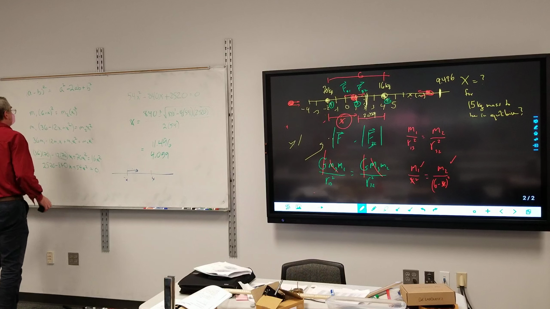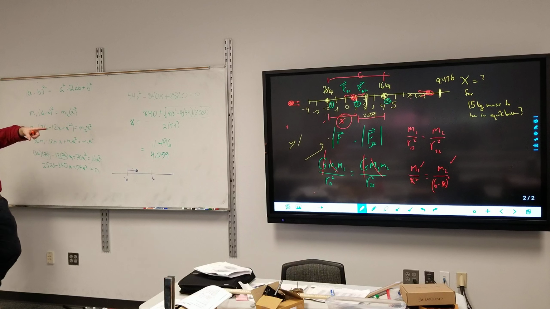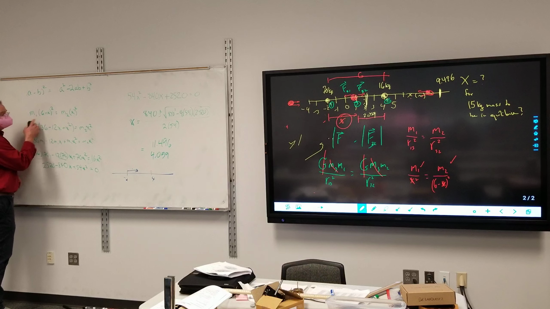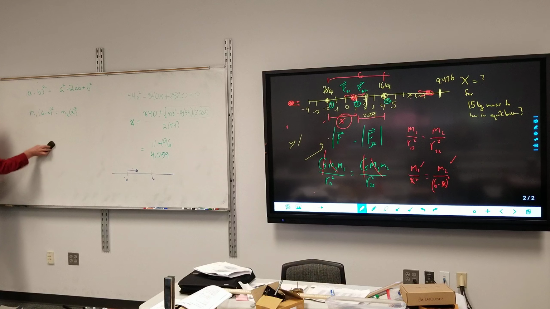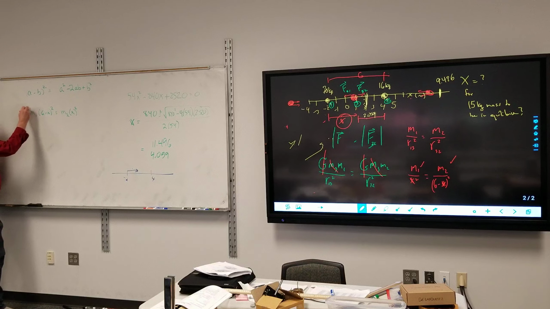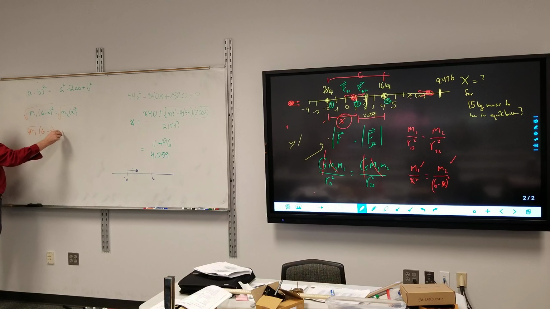Mathematically, at this point, or the previous point, instead of squaring the binomial, I could just take the square root of both sides. And I get the square root of m1 times 6 minus x is equal to the square root of m2 times x. So I get the square root of m1 times 6, now let's stick the 6 up front, minus x square root of m1 is equal to x square root of m2.